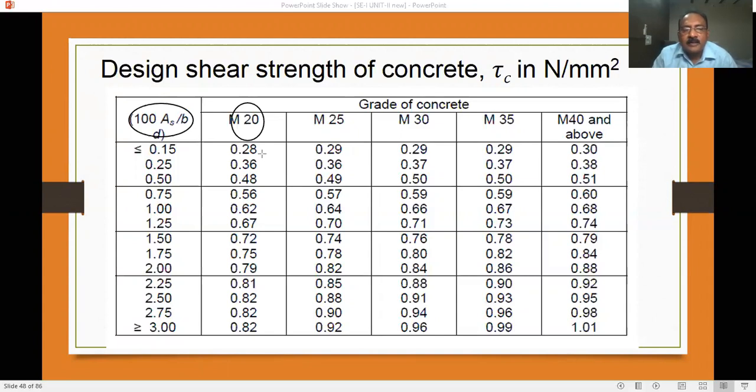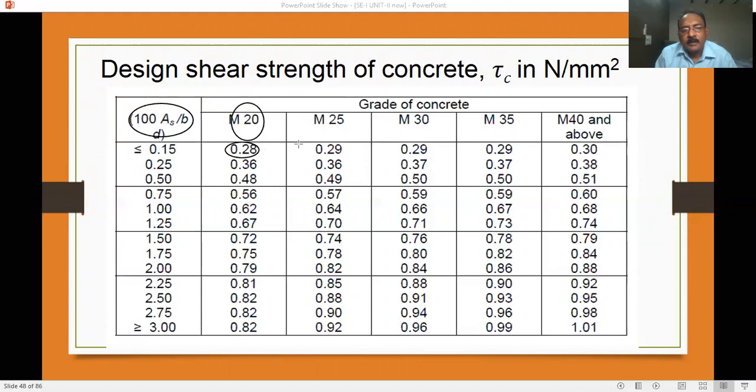How do you calculate design shear force? If you multiply this 0.28 into this BD, the breadth and effective depth of your beam, you will get the shear force that will be taken care of by your concrete and longitudinal reinforcement. These are design strength factors.